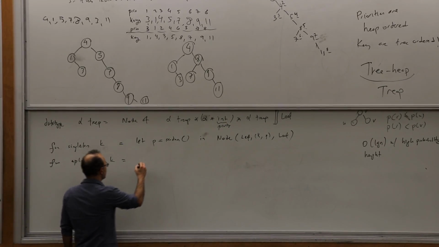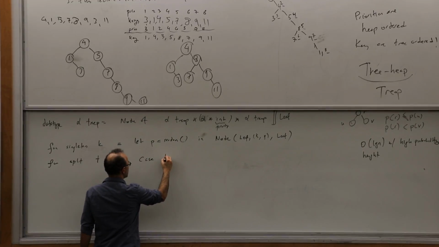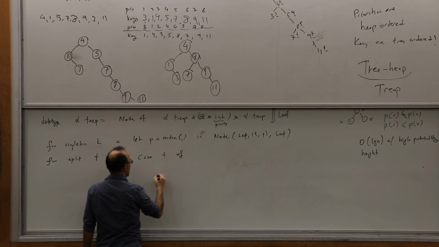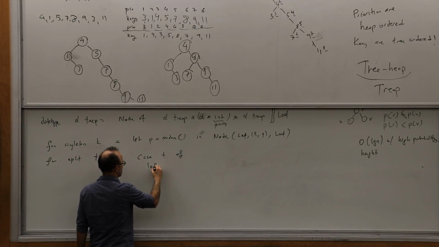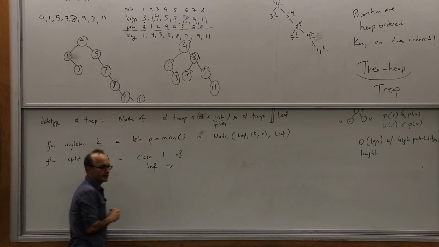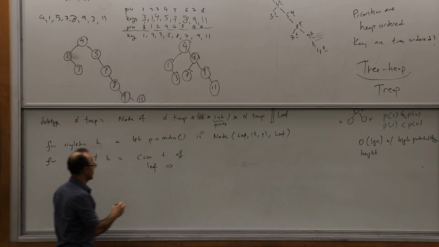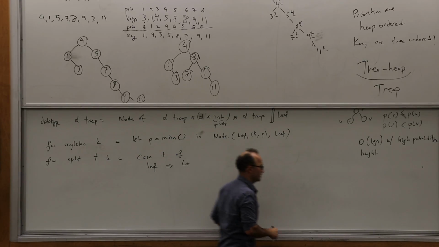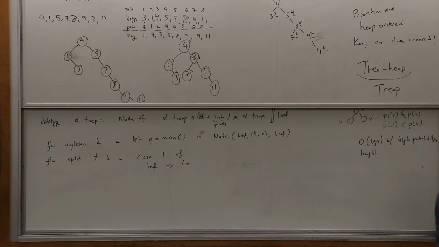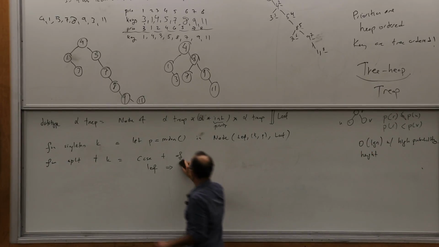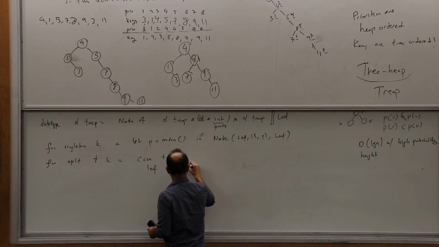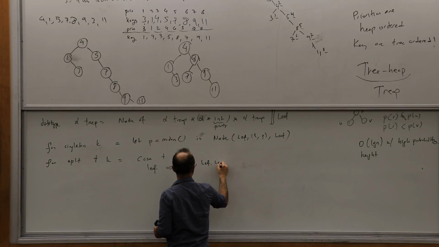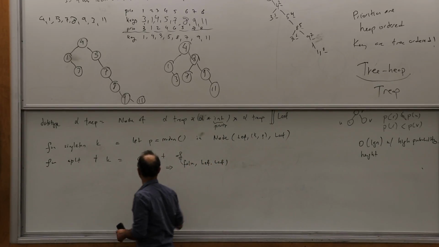If my tree is empty, there's nothing to do, right? I'm just going to return not found, which is false, and leave the left and right subtrees empty.